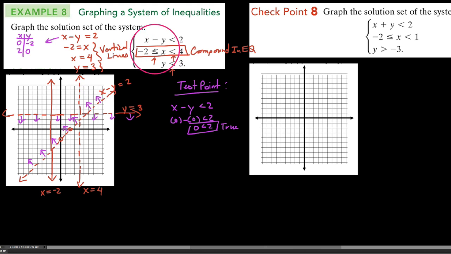So for x to be greater than or equal to negative 2, we would shade to the right of the line x equals negative 2, but we would shade to the left of x equals 4. And so what we're looking for is the solution to our system, and that is going to occur where all the shading happens together. So in terms of the solution region, we want to be really critical in how we shade. I'm going to be really detail oriented, but we would see that we get this region right in here, and this is our solution region.